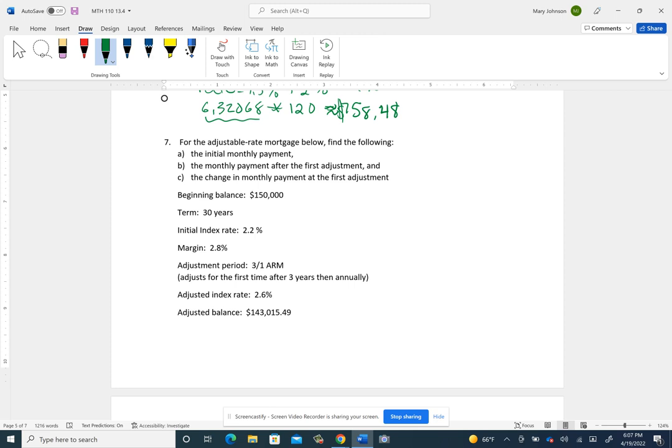Okay, so we start out doing the problem the same way. We take these two, the 2.2 and the 2.8, that's 5%. So we're doing 30 years, 5%. So we get that factor. And to get our monthly payment, we're going to take the 150 times what we get out of that table.